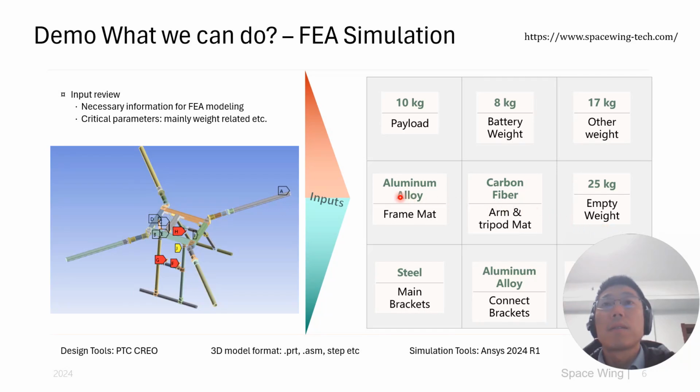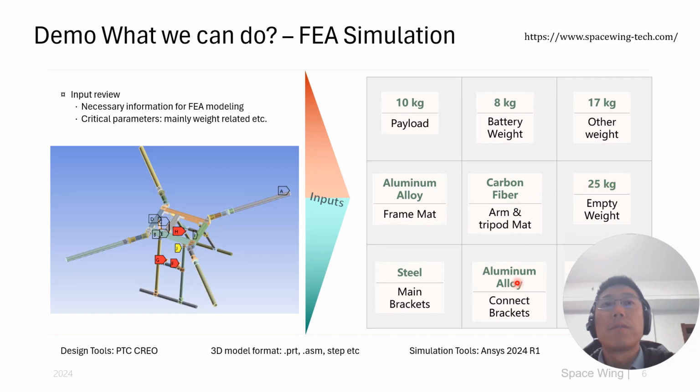These are the inputs for the FEA analysis, such as payloads, battery weight, and the weight of the other parts, and the empty weight is 25 kilograms.